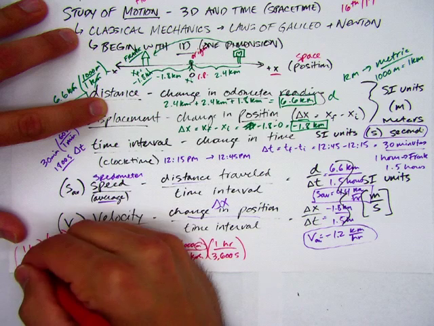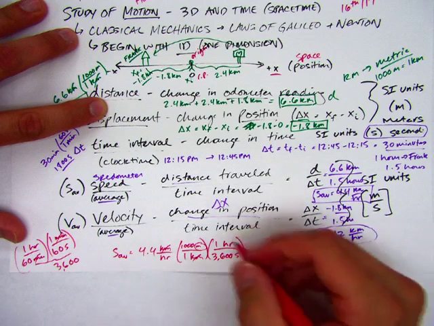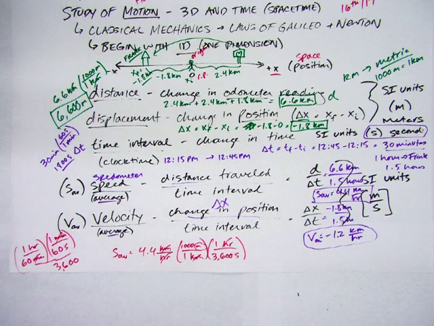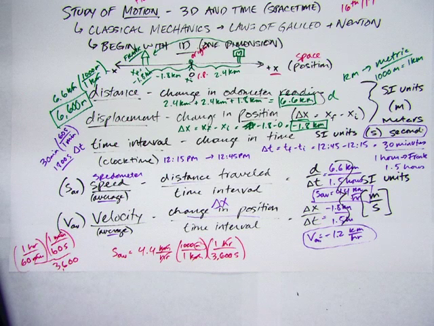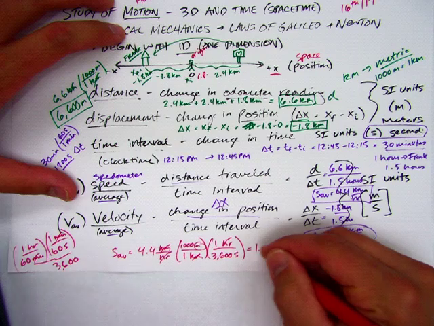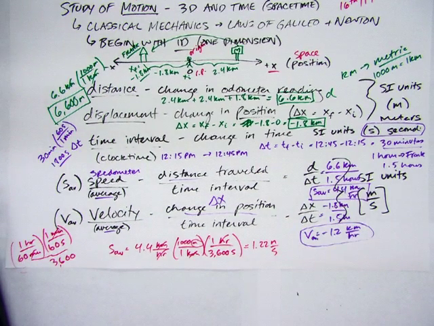So 60 times 60, 3,600. So 1 hour is just 3,600 seconds. We'll use that one a lot. So I have 4.4 times 1,000 divided by 3,600. So my average speed in meters per second is 1.22 meters per second. And there's an introduction to time intervals versus clock time, average speed, and average velocity.